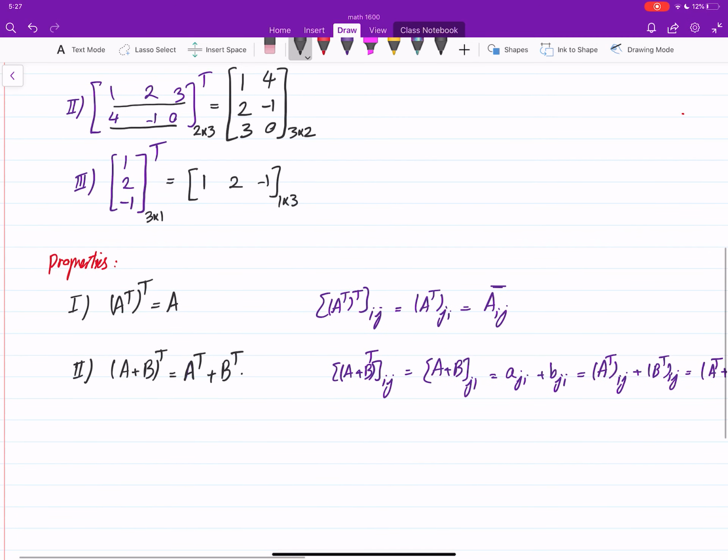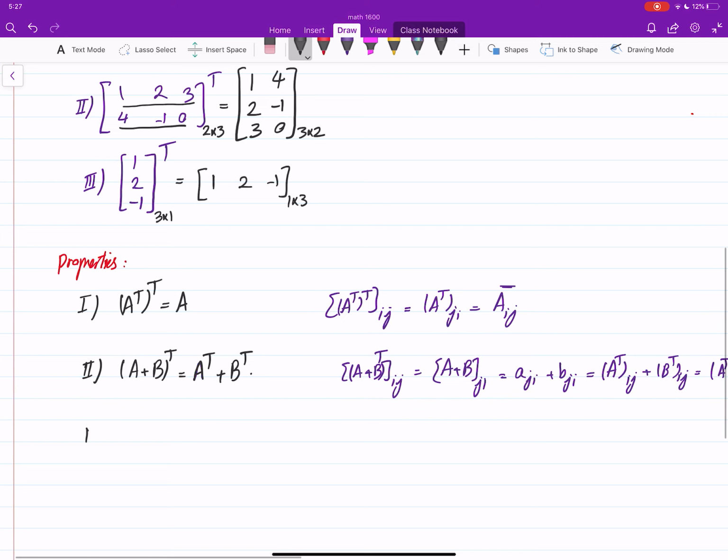So transpose behaves nicely with matrix addition. How about scalar multiplication? I will leave this one to you. You multiply each entry by k and then switch the rows with columns. It is still each entry of the transpose multiplied by k. Here k is a scalar, a number.